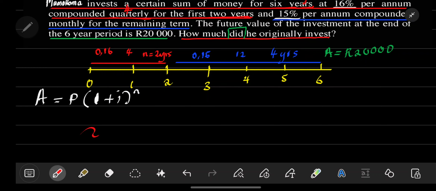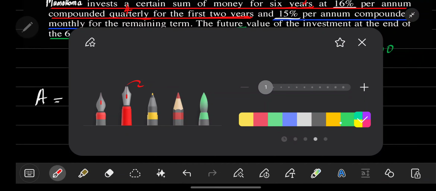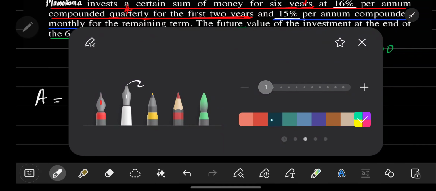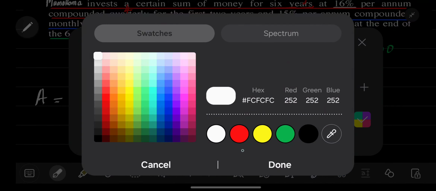But then what do we want to get, guys? We want to get the money there. Please pay attention here. The money that we want to get is here. How are we going to get that money?